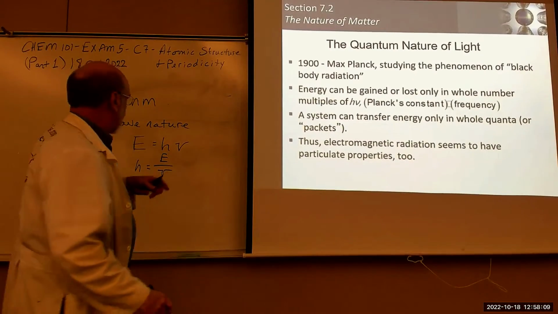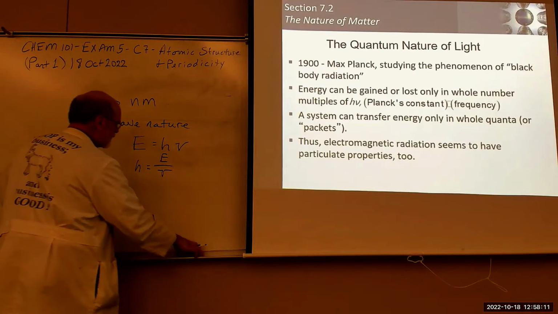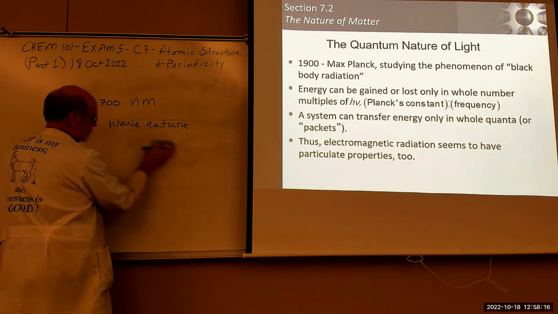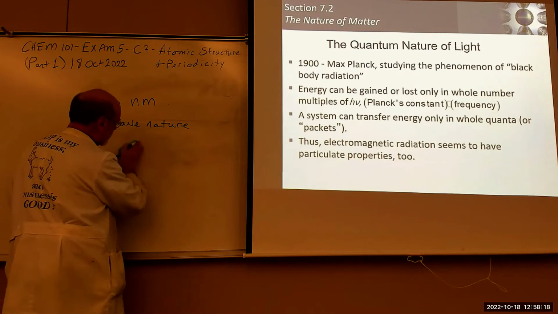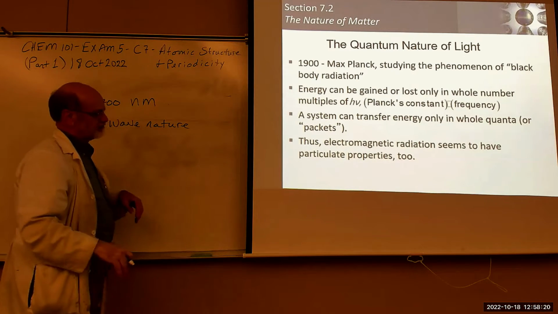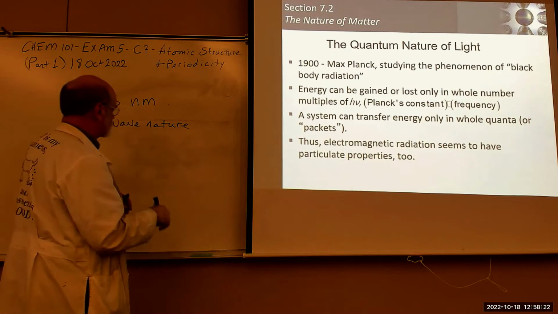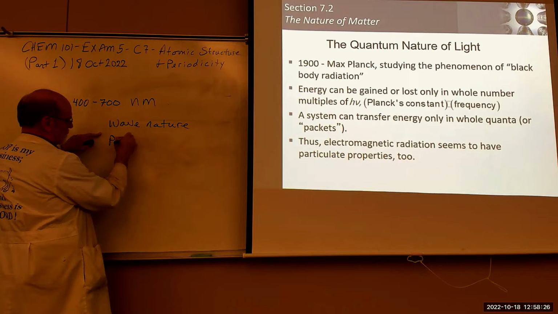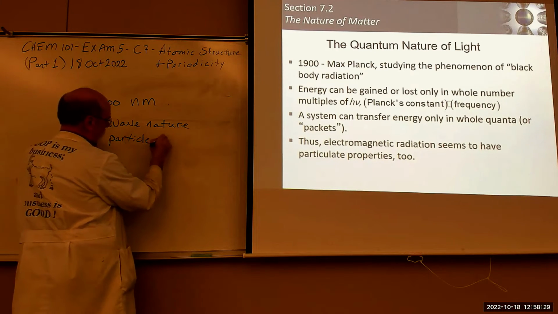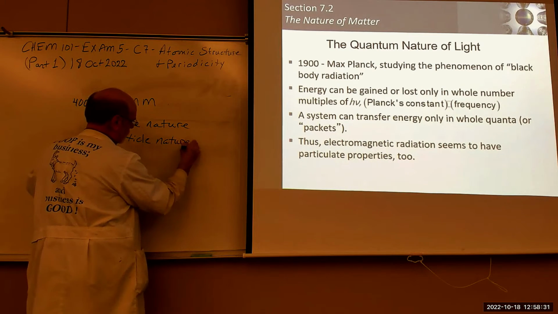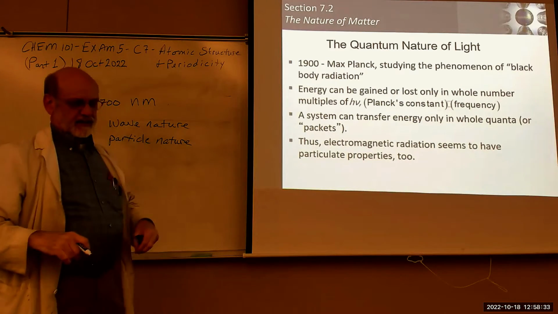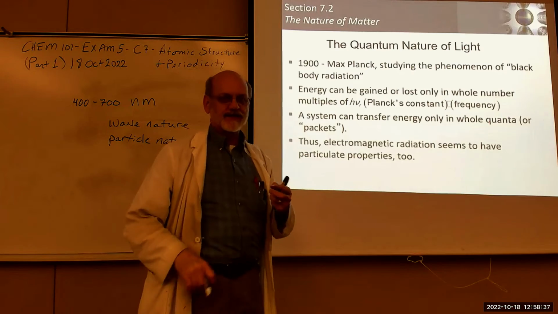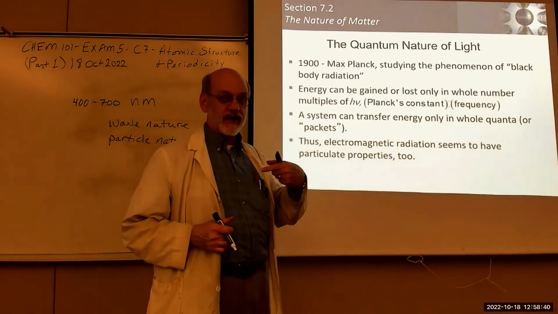Okay, so now we're going from the wave nature of light, and we're starting to investigate something that the 19th century scientists never conceived, the particle nature. So, as it turns out, it depends on what you're studying as to whether you treat light as a particle or a wave.